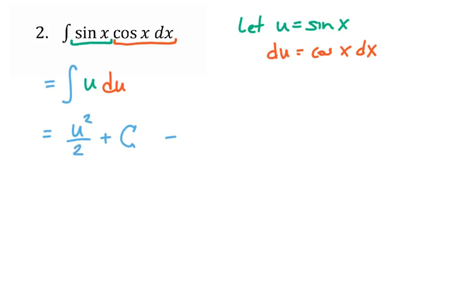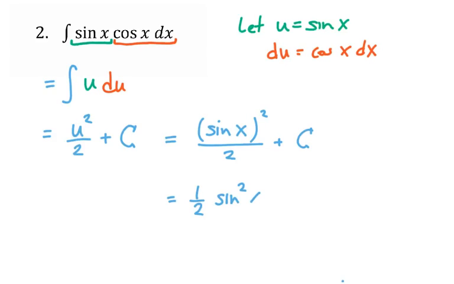And back substituting, when we see u, we can simply insert sine of x. So we have sine of x quantity squared divided by 2 plus c. Of course, just small notational differences. You may have written this as 1/2 sine squared of x, if that looks any better to you, plus c. So either format in terms of our answer would be just fine.